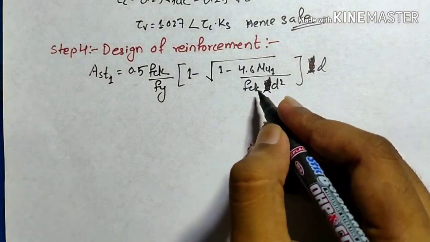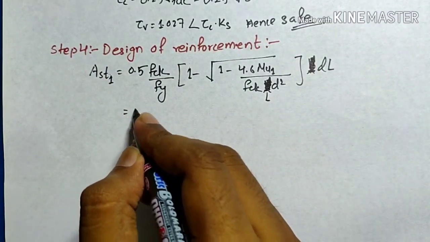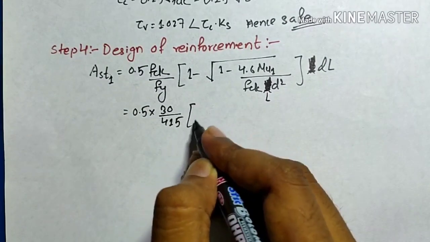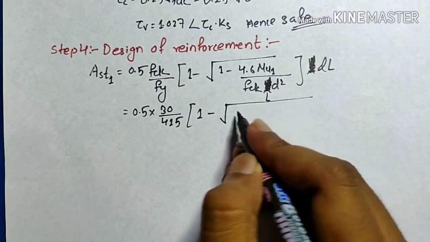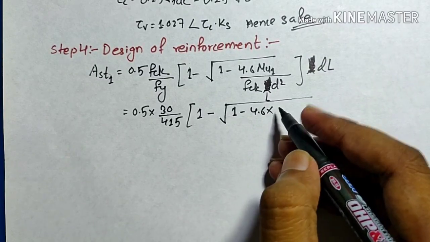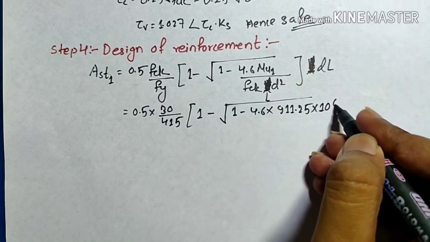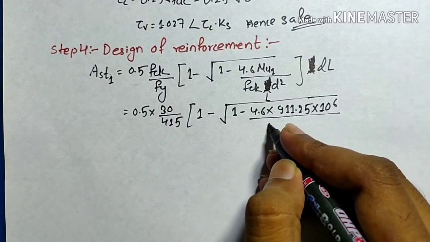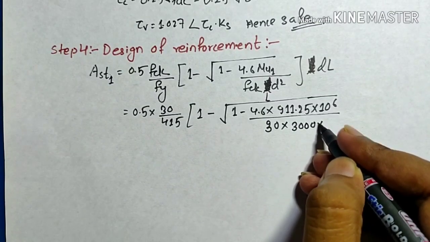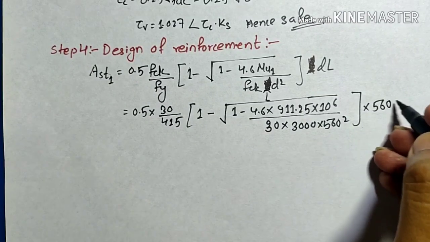Along direction y we had span L, so we need to multiply this by L. Now put the value: we have 0.5 into 30 by 415 times 1 minus root under 1 minus 4.6 times Mu1, and the value of Mu1 is 911.25 into 10 to the power 6 divided by FCK, meaning 30 into L. L is 3 meter, so 3000 into D is 560 squared, times D is 560 into L is 3000.